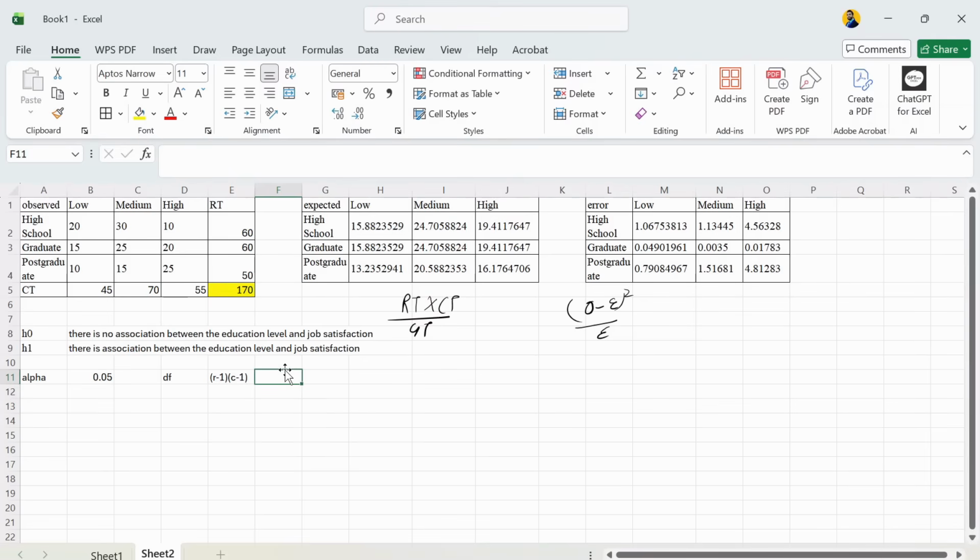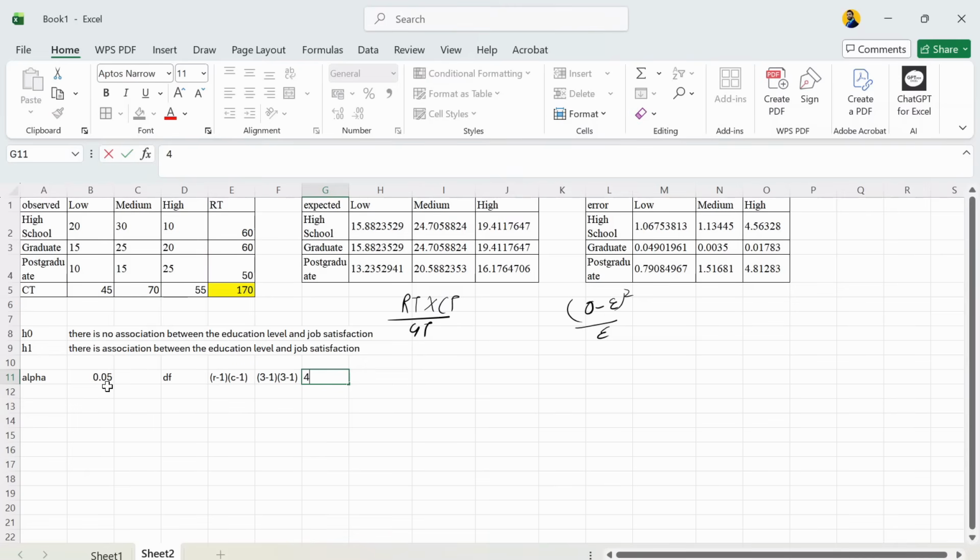In our case the number of rows is 1, 2, 3, so 3 minus 1. Similarly, we have three columns, 1, 2, 3, so 3 minus 1, parenthesis close. Finally, 2 into 2 will be your 4. So you can mention here your degree of freedom is 4.